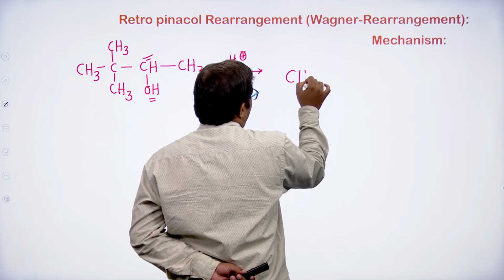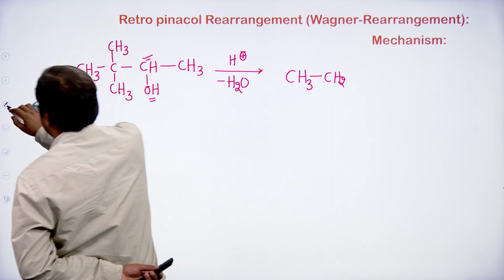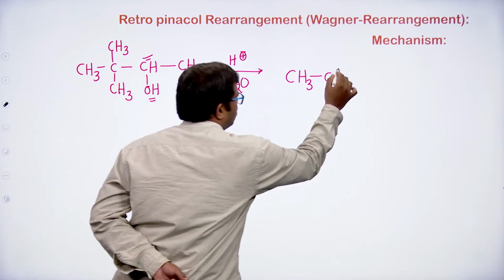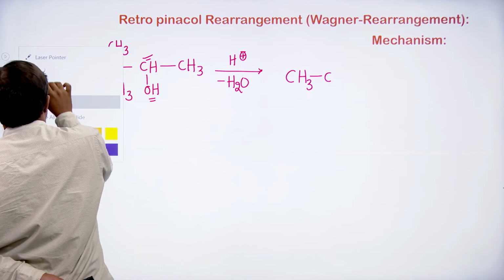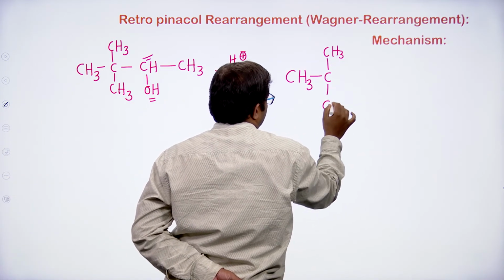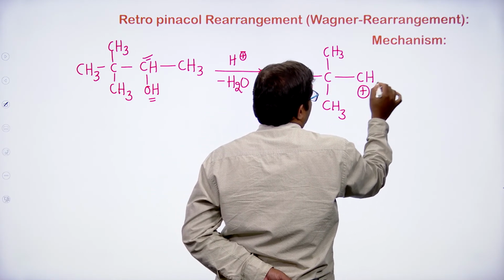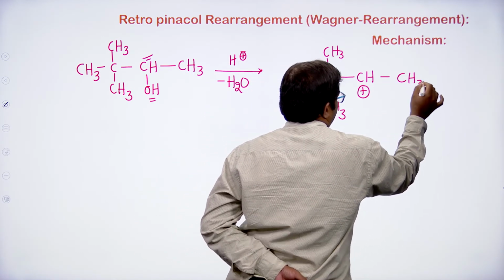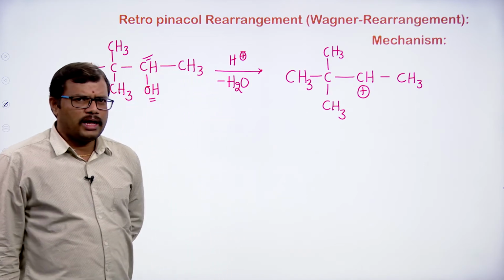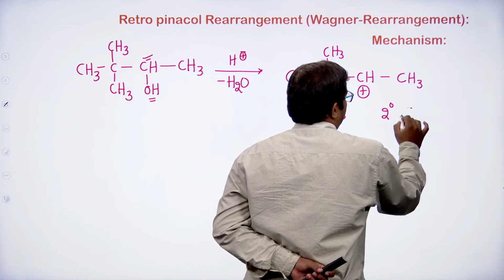Thereby we get CH3, CH3, CH with a positive charge, and then CH3. So what kind of carbocation is this one? This is a secondary carbocation.